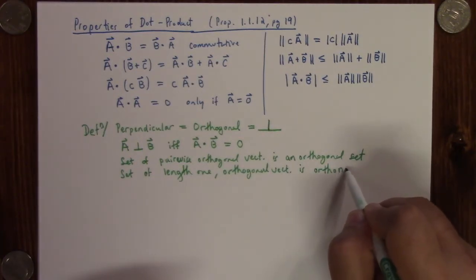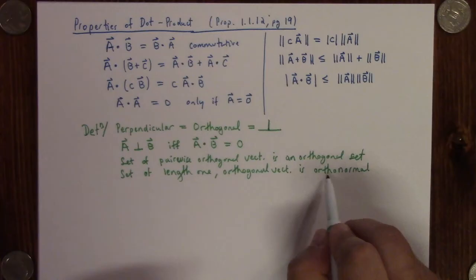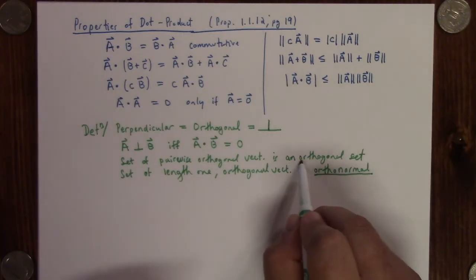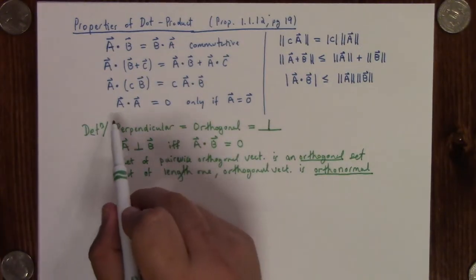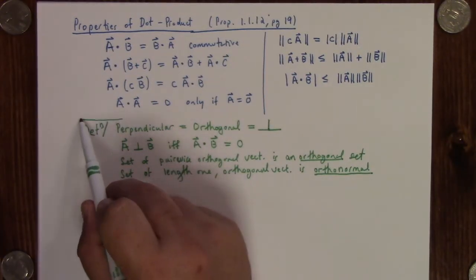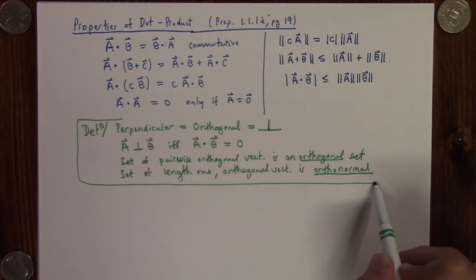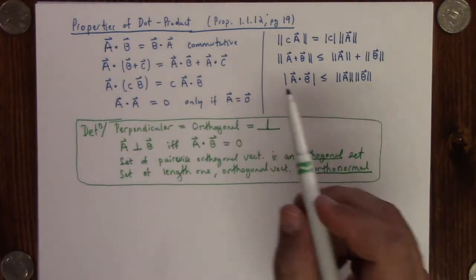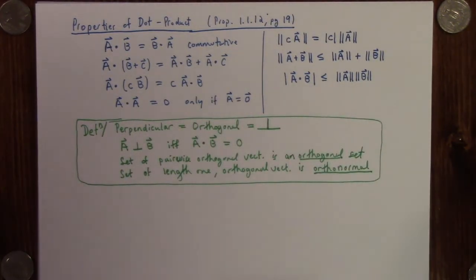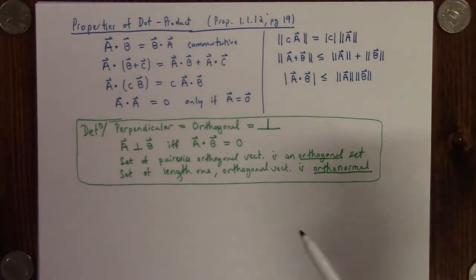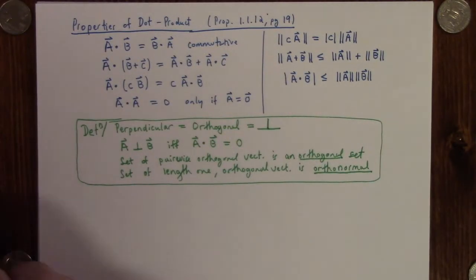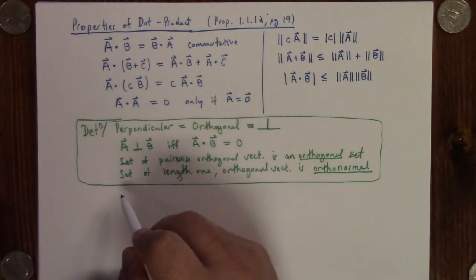So orthonormal is really nice. It means they're both orthogonal and length 1. A lot of the sets we're most interested in behave this way. Like, some sort of low-hanging fruit I should point out. Eventually I'll choose a color.